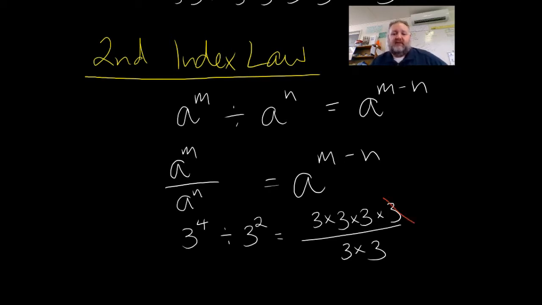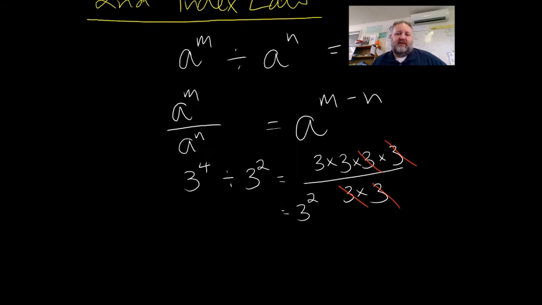So that would be cancelled out with that one, this one would cancel out with this one, and I would be left with 3 to the power of 2. Well, if I did it just like the index law, 3 to the power of 4 divided by 3 to the power of 2, it will equal 3 to the power of 4 minus 2, which would be 3 to the power of 2.